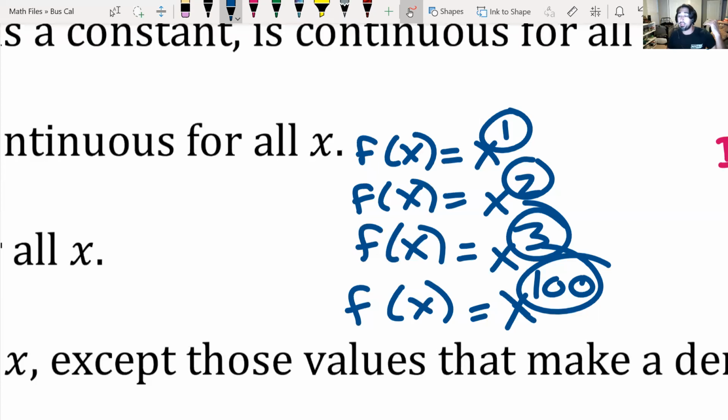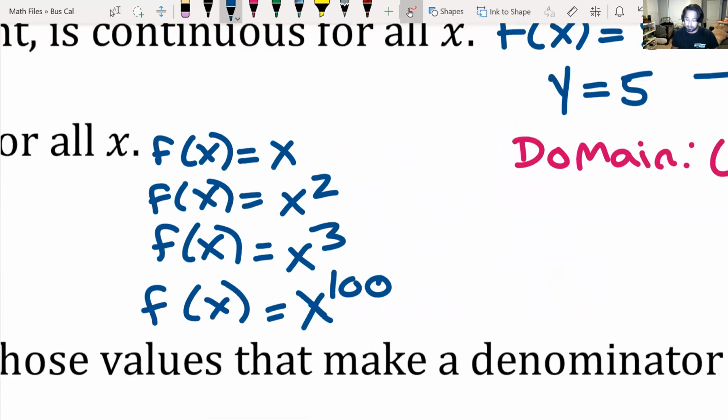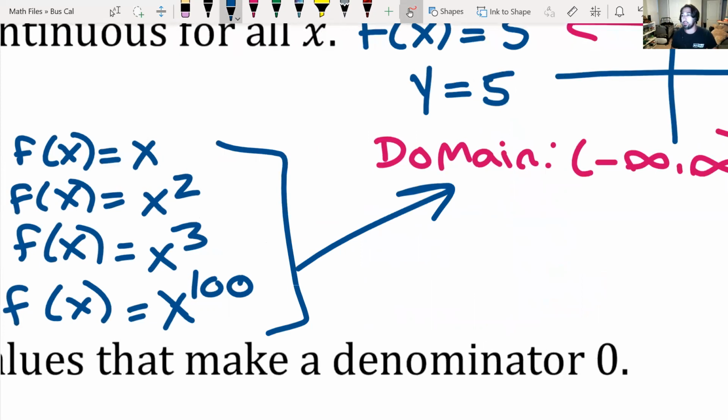Since these exponents, these degrees, are all whole positive integers, their domain, no matter what, will be the same as a constant. Their domain will always be all real numbers, from negative infinity to infinity. Or in continuity terms, any power function with a whole positive exponent will be continuous from negative infinity to infinity. There you go.